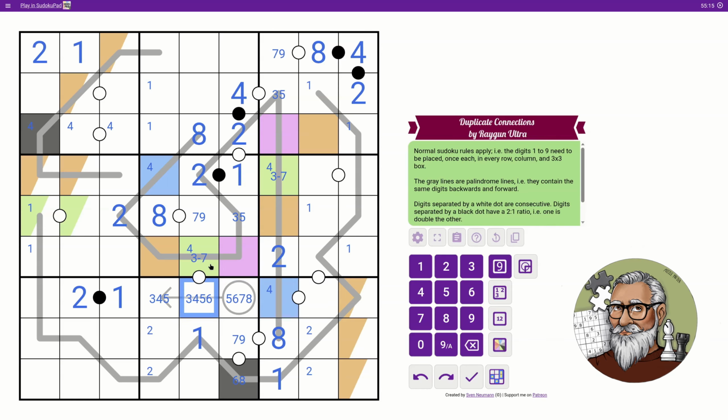Oh, 9. I don't know why I missed the 9 here. Is that getting me anywhere? Yeah, how do I get 5? I can't get 5. 6, 7, 8, 9. Can't get 6 either. It's 7, 8, 9. Okay. 7, 8, 9.